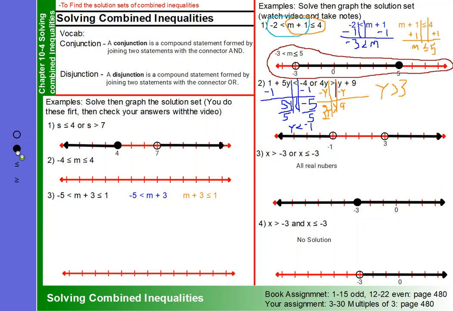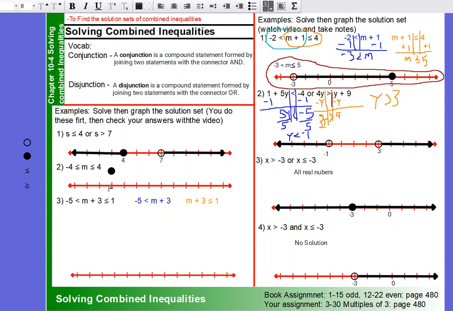So I know we're dealing with a closed dot, and the closed dot is going to go right on negative 4, so we have to define negative 4 on our number line. I'll put it right here to make sure I have enough room. So negative 4, 3, 2, 1, 0, 1, 2, 3, 4. So 4 will go here.